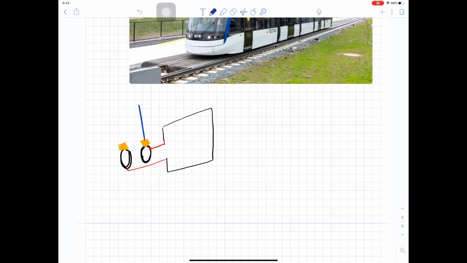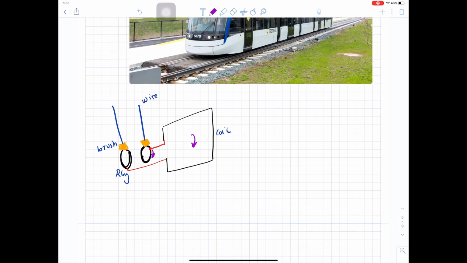And here we will have the wires, so these rings will be rotating with the coil.